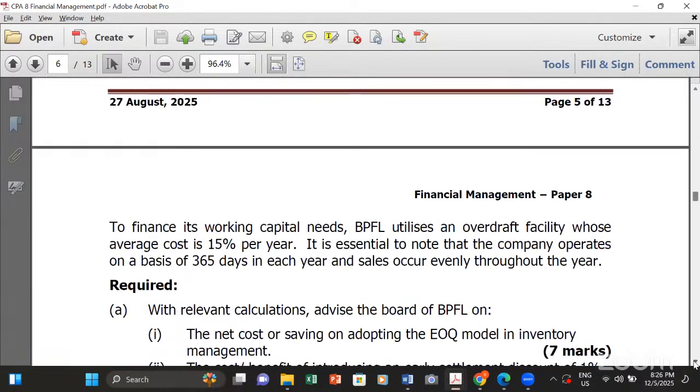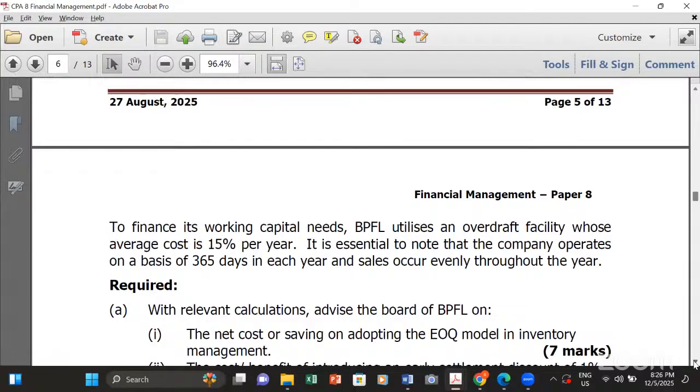To finance the working capital needs, the company utilizes an overdraft facility whose average cost is 15% per what? Per year. It is essential to note that the company operates on a basis of 365 days in each year, and sales occur evenly throughout the year.